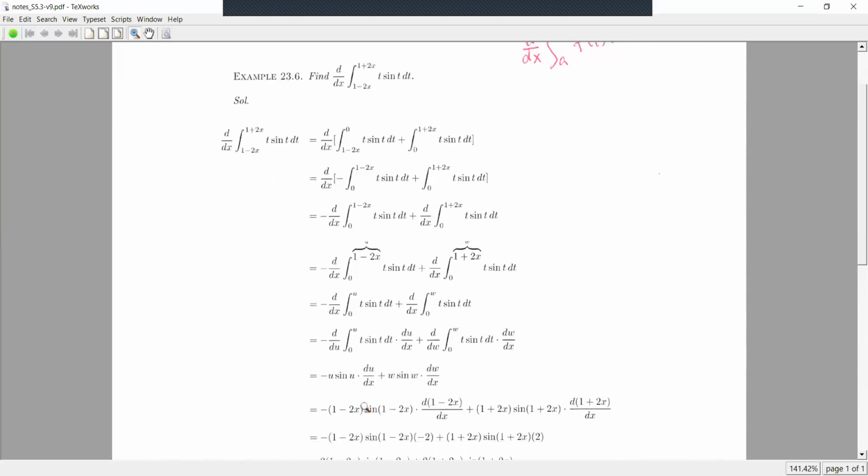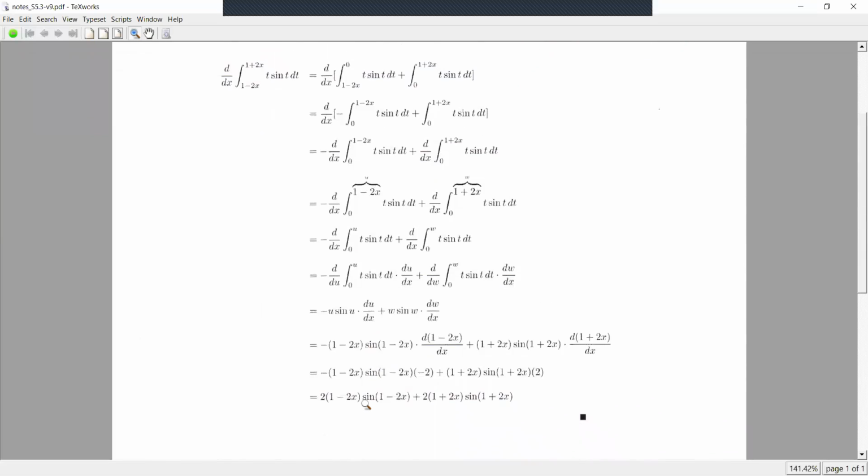Now for u, what is u? u is 1 minus 2x. Now I plug in 1 minus 2x for u here. Then I get this equation. And w is 1 plus 2x. I plug in 1 plus 2x for w here. Then I get this. Now the derivative of 1 minus 2x is negative 2.